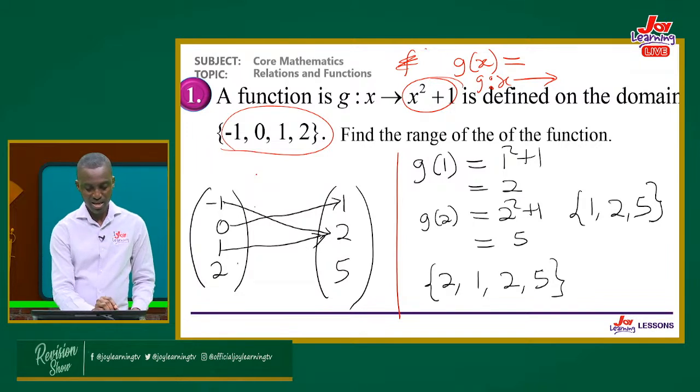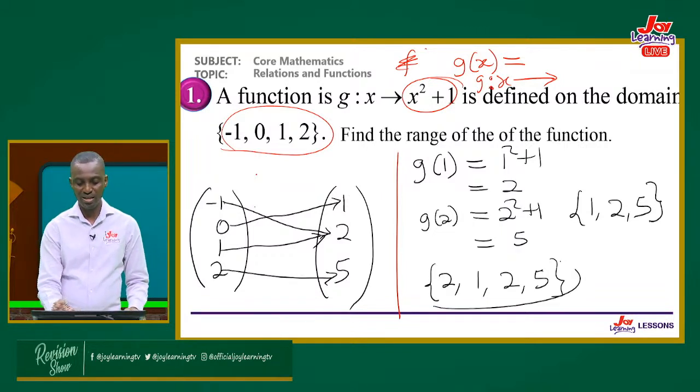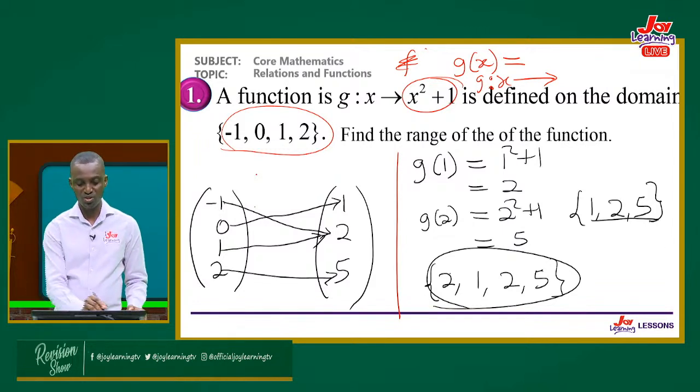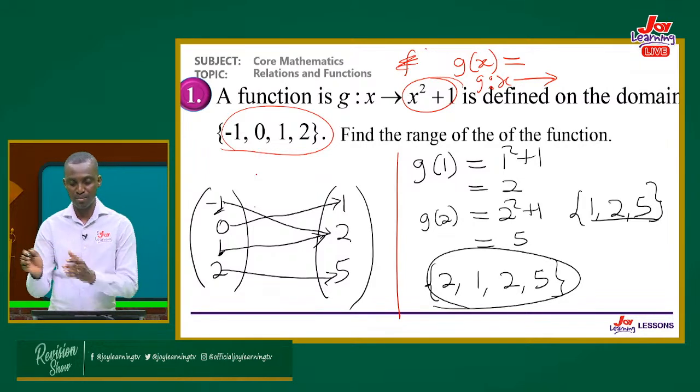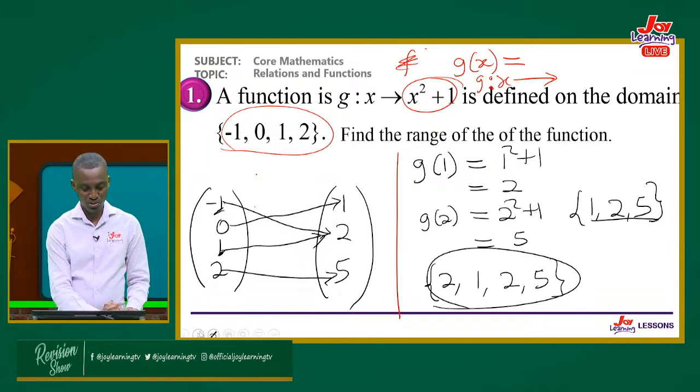All right, and then 2 gave me 5, and 2 goes that way. So this is how it's going to look. Okay, but then we can write this as our answer, but in reality we have only 3 elements within the range, because 2 is repeating. So we can see that element 1 and -1, each of them map to 2, and that becomes the solution to the question.